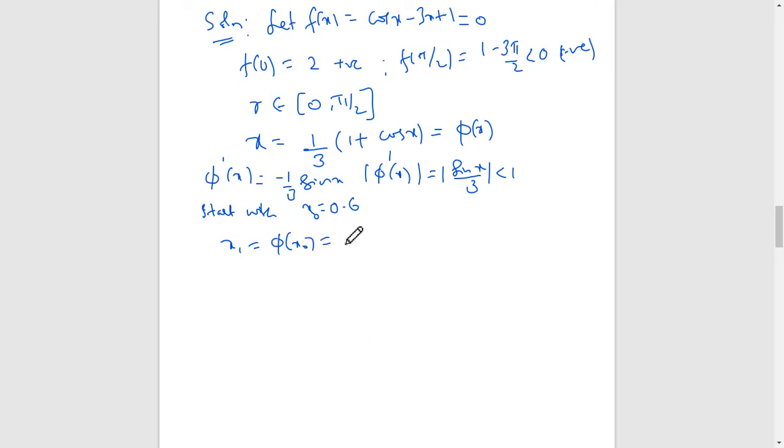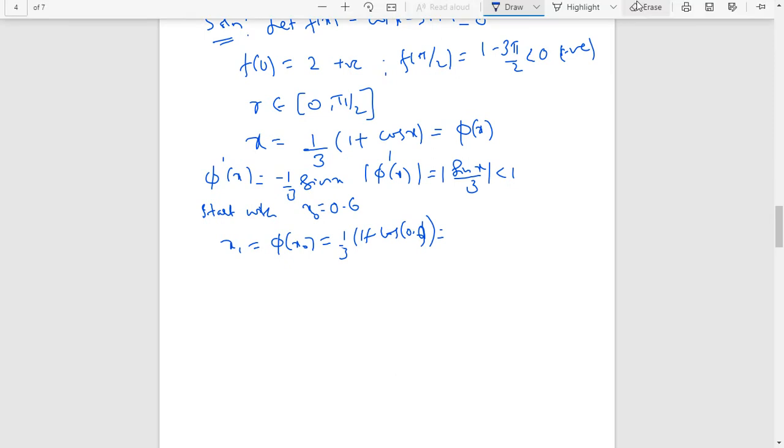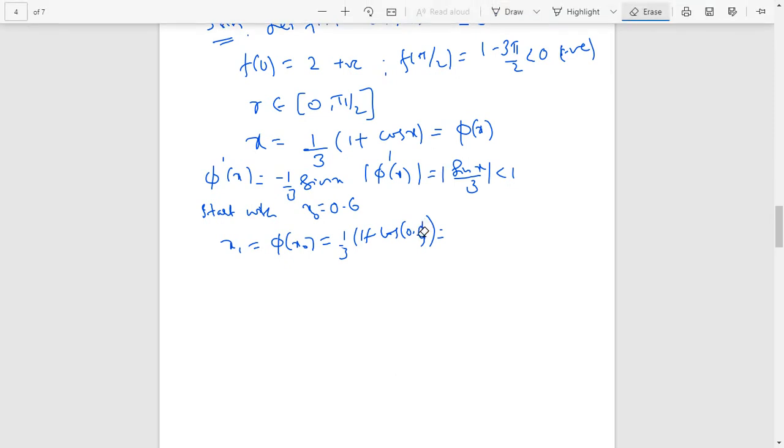Phi of x is 1 by 3 of 1 plus cos 0.6, because x naught we have taken as 0.6.